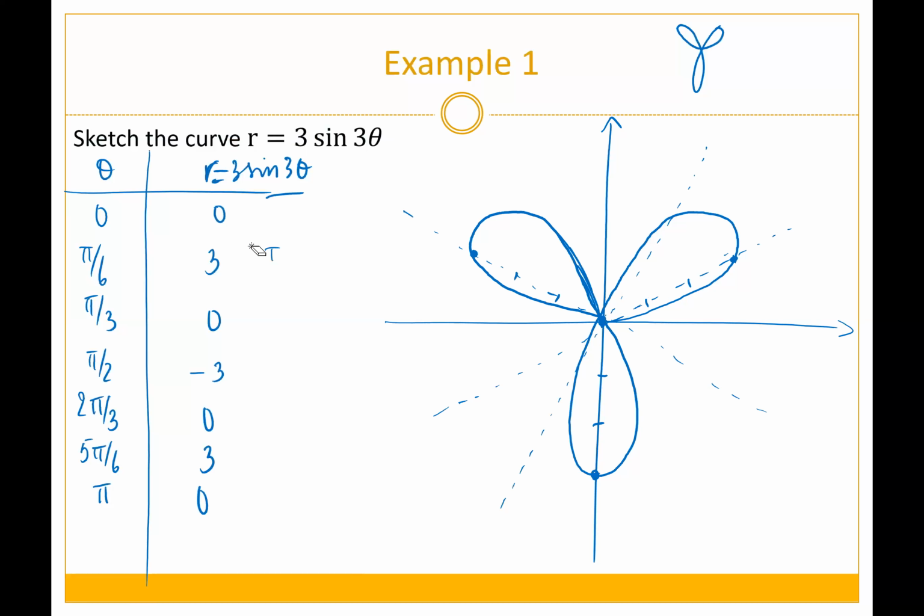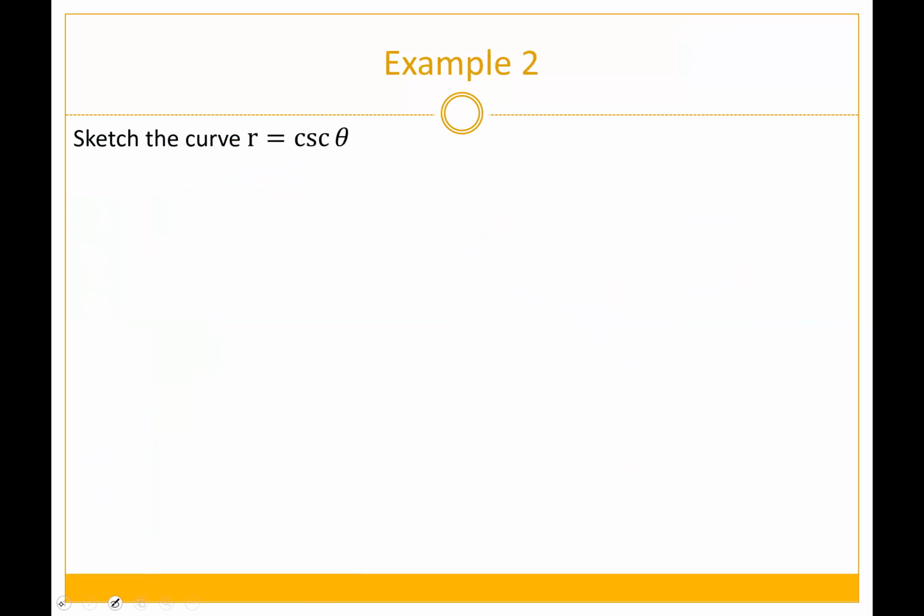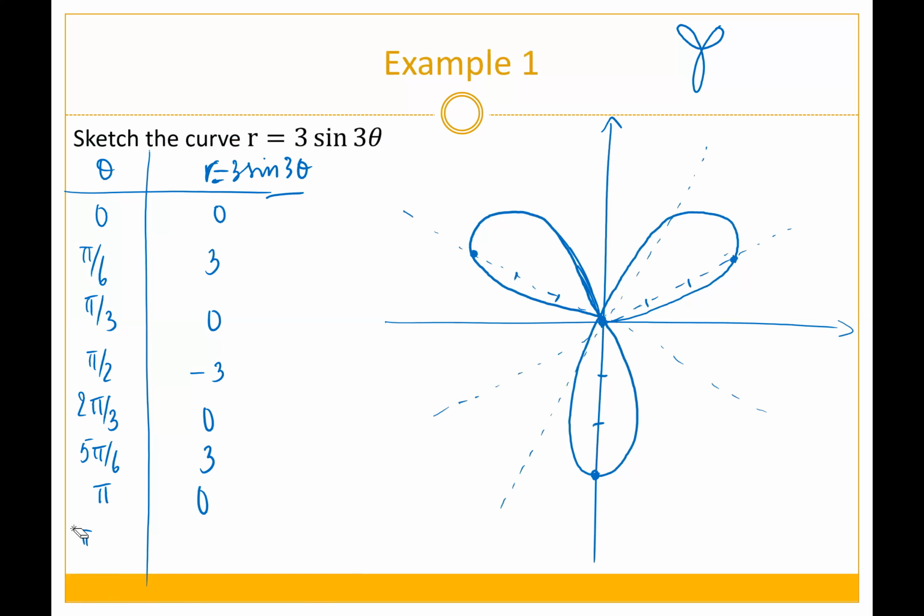It's a bit odd, but you put in pi over 4 and what you have is 3 sine of 3 pi over 4, which is again a square root of 2 over 2 number. This can be quite an odd number and it's not really helpful. Let's say pi over 12. When you put it in, again, not really helpful.